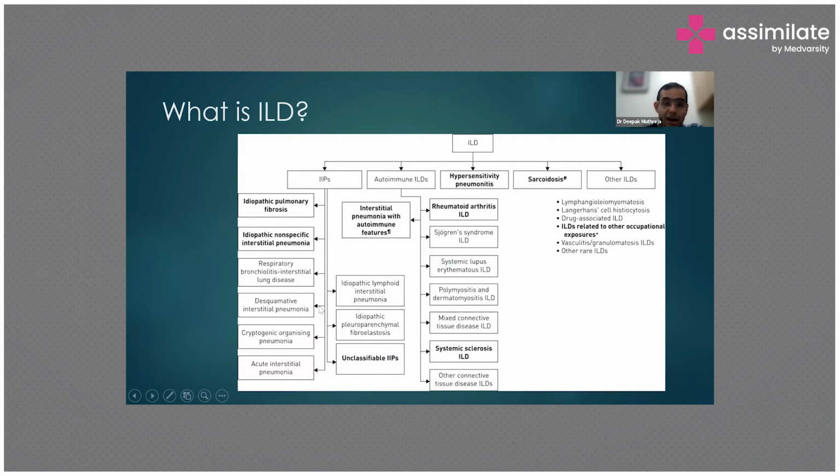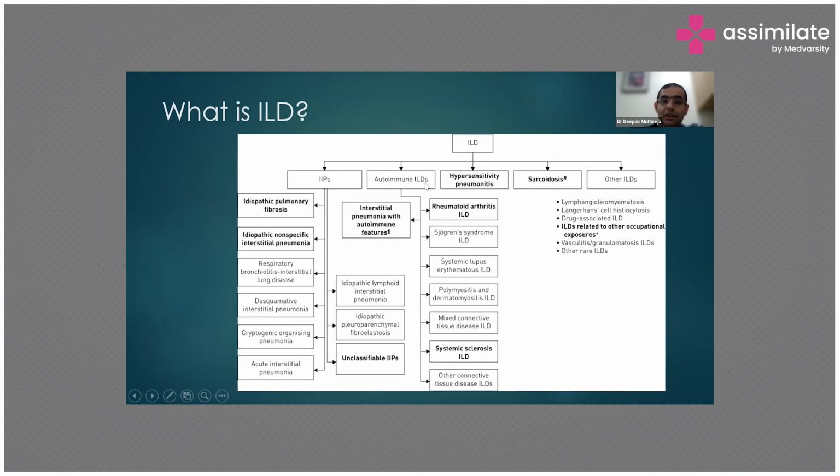You have RBILD, DIP, COP or cryptogenic organizing pneumonia, then acute interstitial pneumonia. Then you have idiopathic lymphoid interstitial pneumonia, idiopathic pleuroparenchymal fibroelastosis, and you have unclassifiable IIPs. You call this idiopathic because you don't know the exact cause.